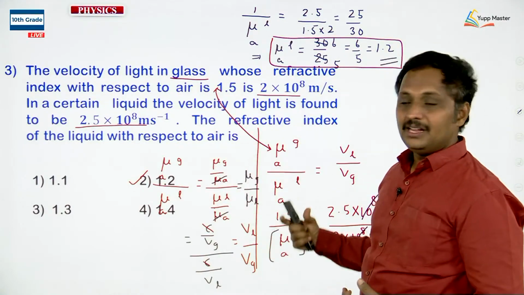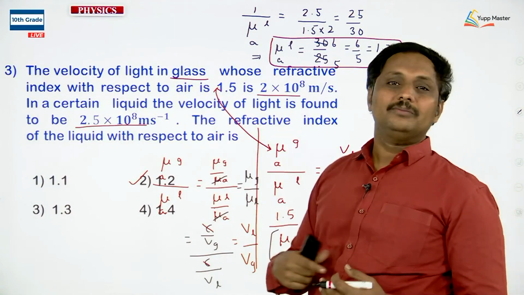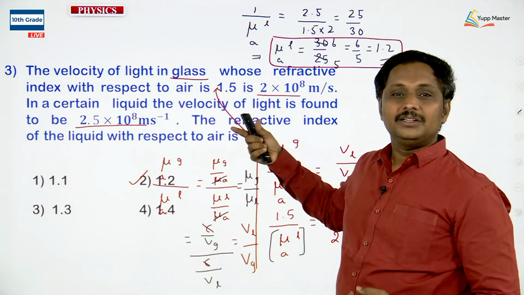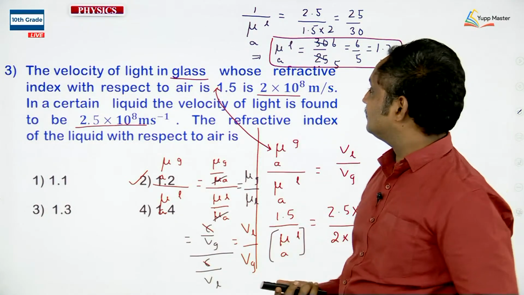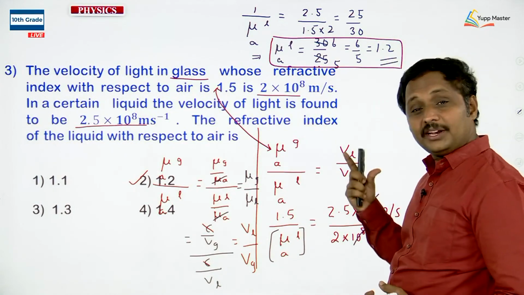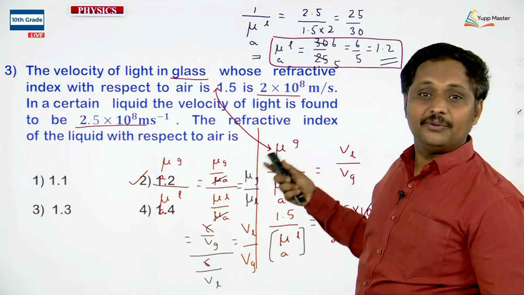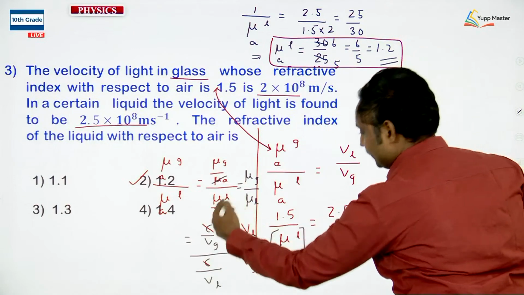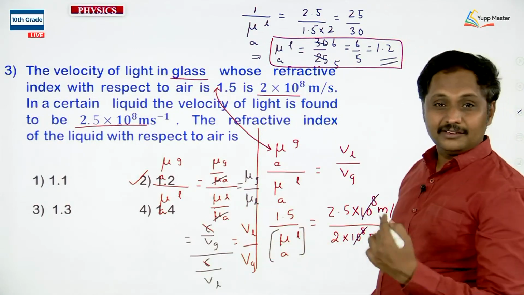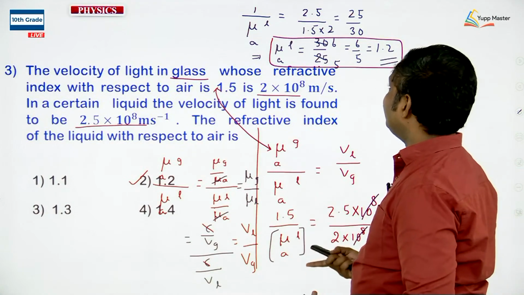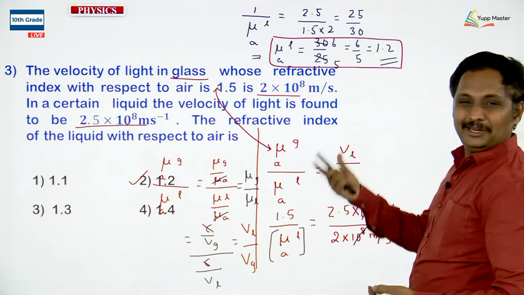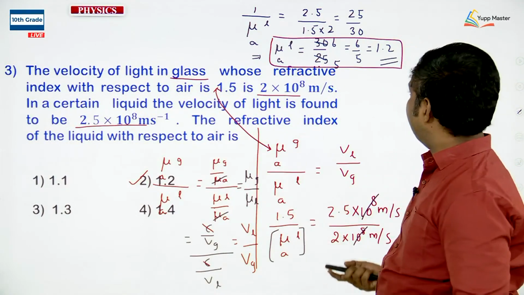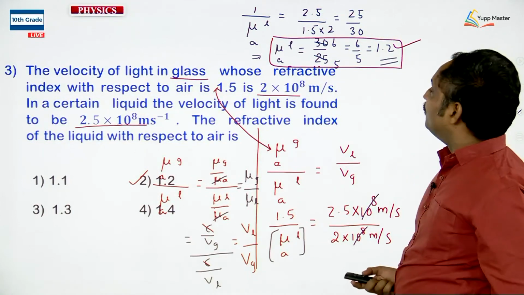First of all, you need to understand the problem, what they have given, what your aim is, and how it is related to the relative refractive index concept. So it is related to the relative refractive index concept we discussed in the previous one, so you can easily substitute and convert and get the necessary calculations and cancellations, and do some multiplications and divisions very quickly. So the final answer is 1.2.